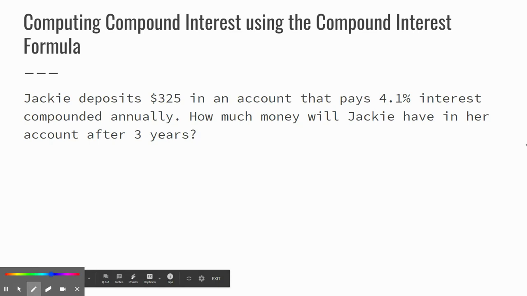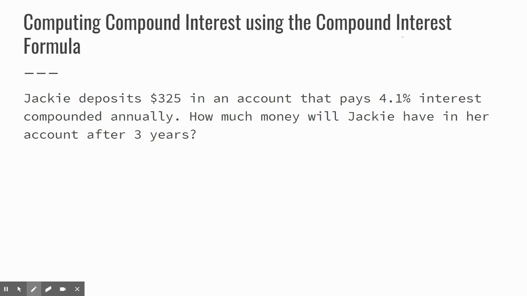All right, now we are going to be using the compound interest formula, that formula that I went over at the beginning of class. So your A, which is your balance, is equal to your principal, 1 plus your rate, and then raised to your time.